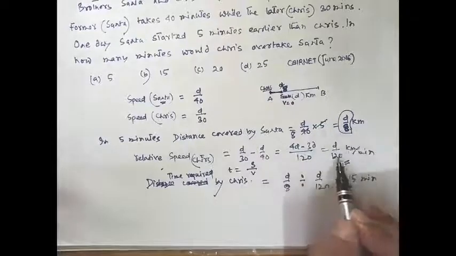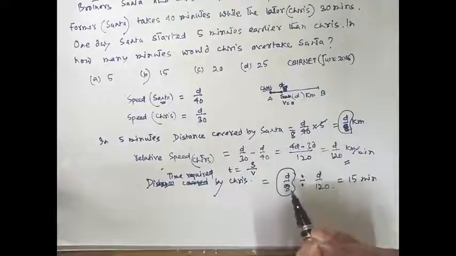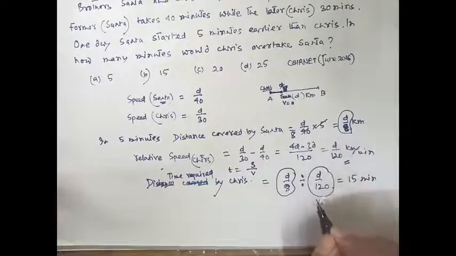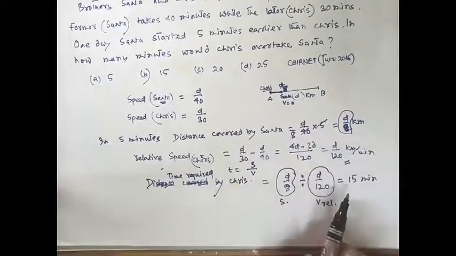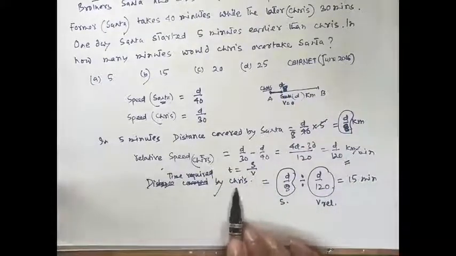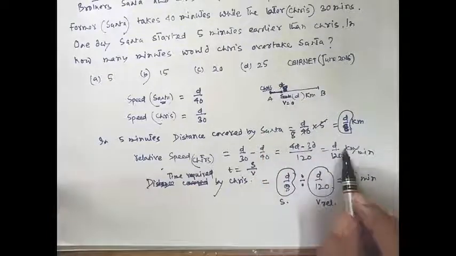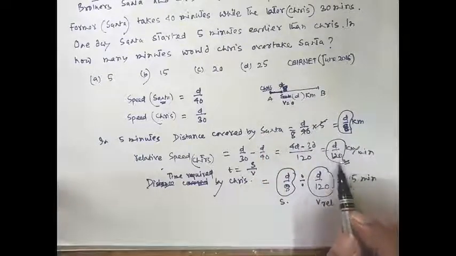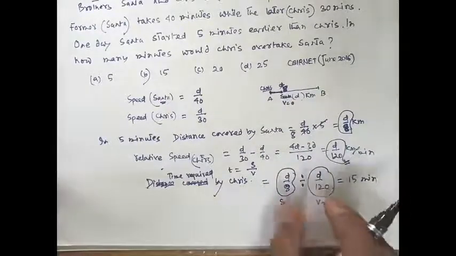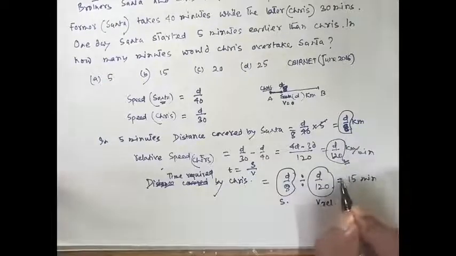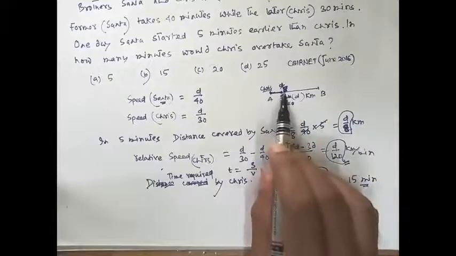With the relative velocity d by 120, how much time will it take? Chris has to cover a distance d by 8 with the relative velocity d by 120 to meet Santa, so d by 8 divided by d by 120. If we simplify this, we will get 15. So 15 minutes will be the time at which Chris will meet Santa.